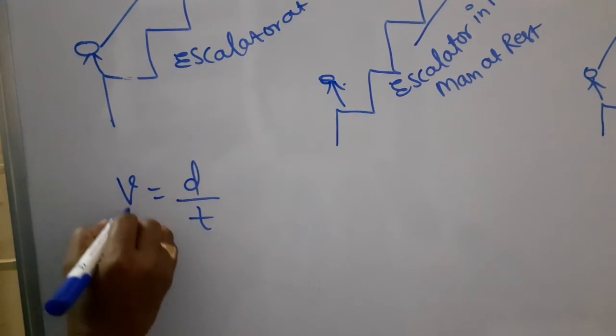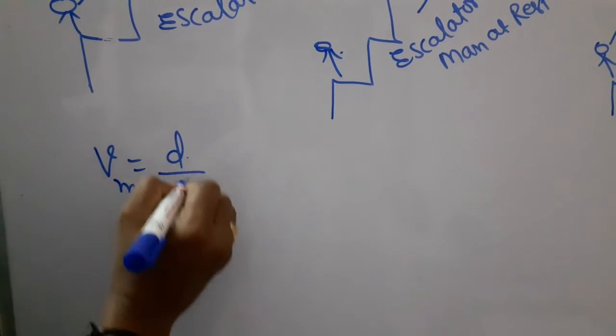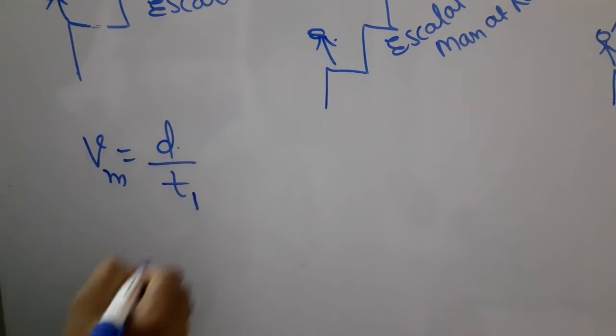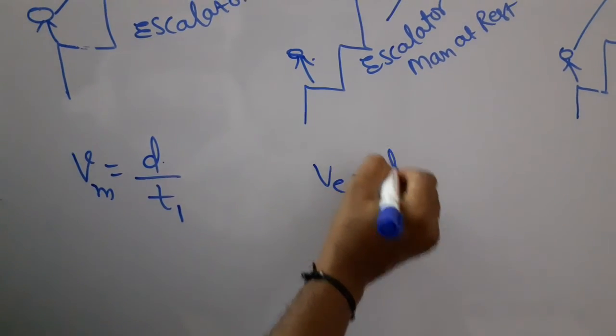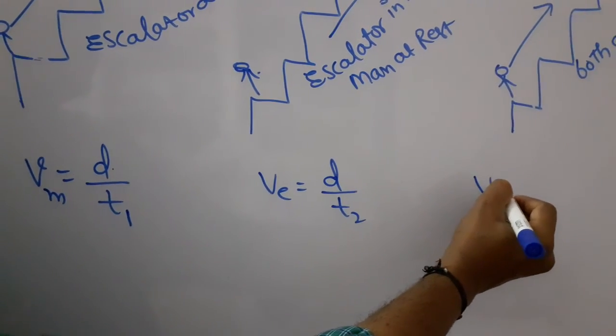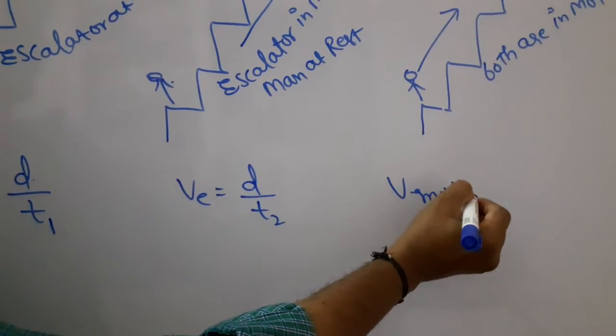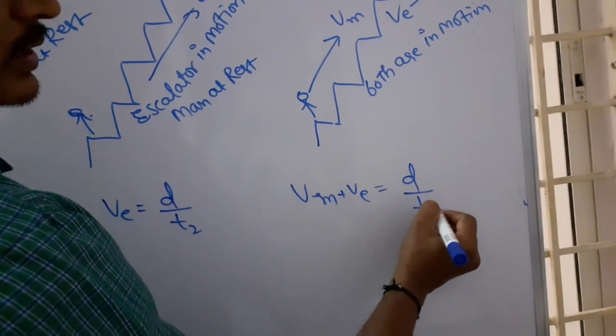First case: the velocity of the man is equal to distance d by time t1. The velocity of the escalator is equal to distance d by time t2. The velocity of the man plus the velocity of the escalator is equal to d by t3.